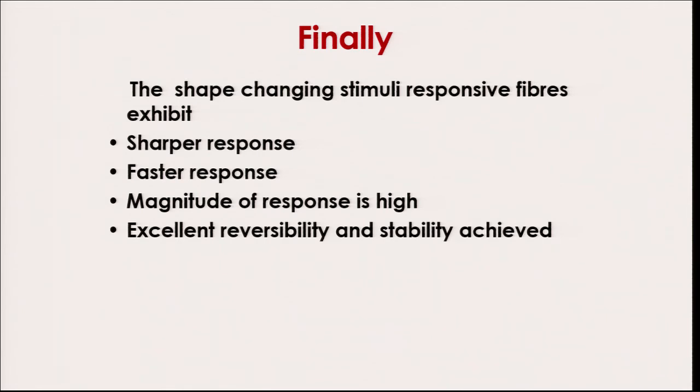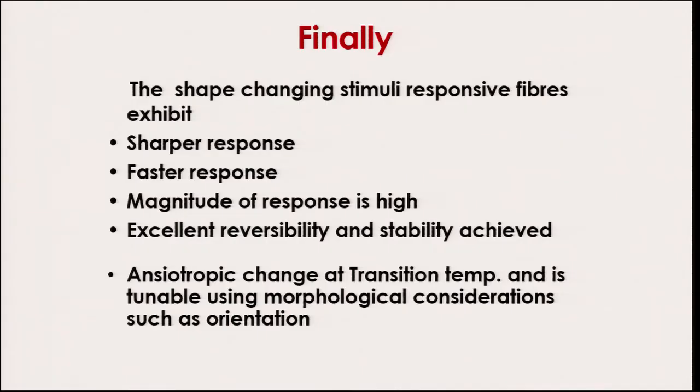That means, in many cycles it would go in the same manner, increase, decrease without losing its mechanical integrity. And anisotropic change in the dimension can also be tuned by using morphological considerations such as orientation, etc.